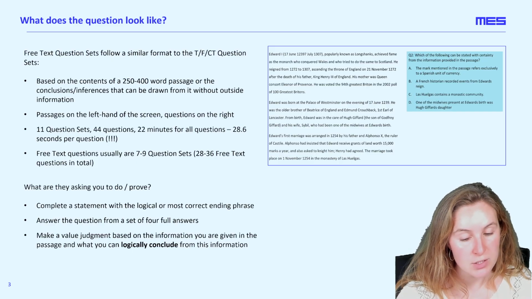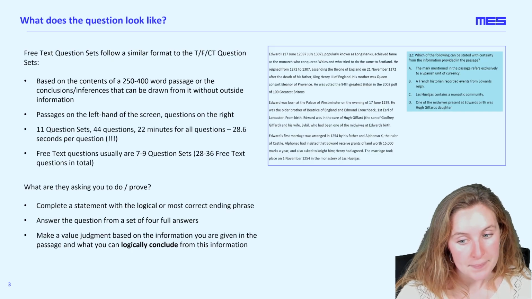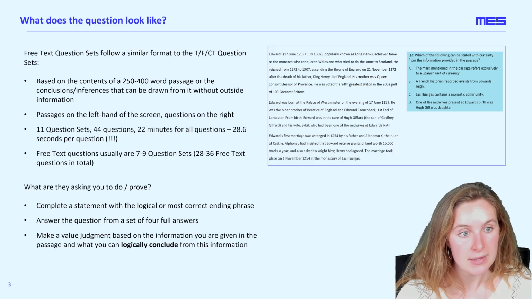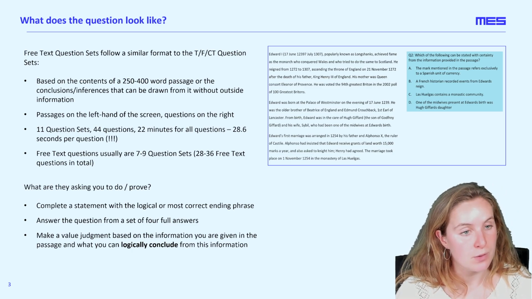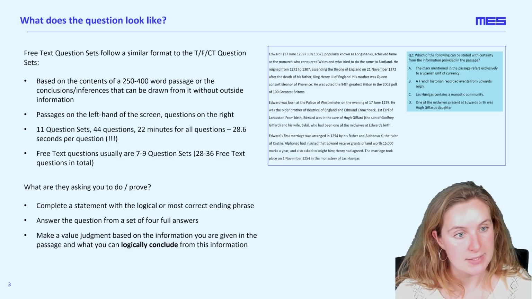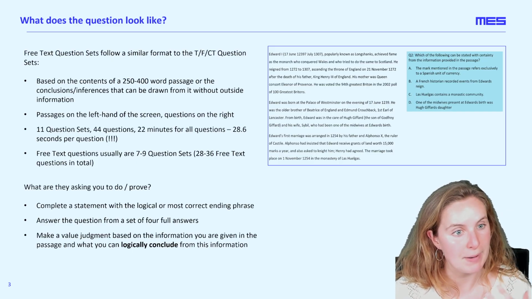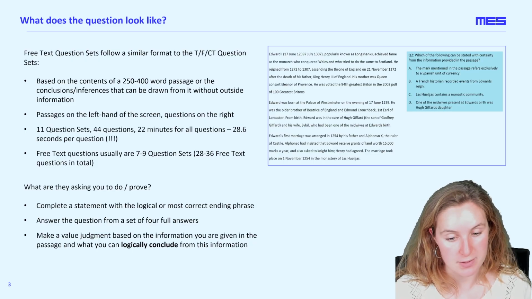Free text questions are usually 7 to 9 of the 11 question sets. So that's 28 to 36 free text questions in the exam. This varies year to year, because the examiners don't want the exam to become too similar year to year, and to thus have people expect what will be on it in terms of the breakdown of the types of questions.